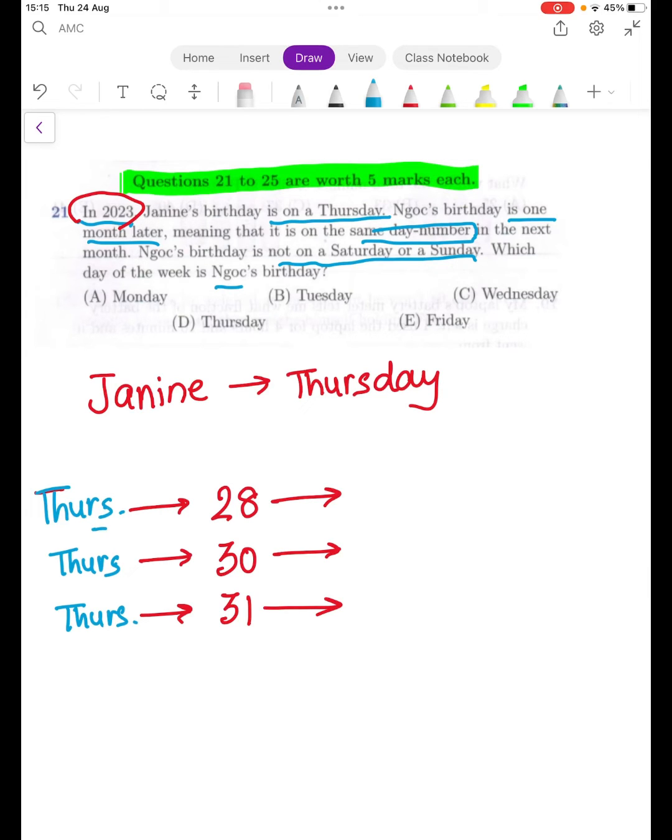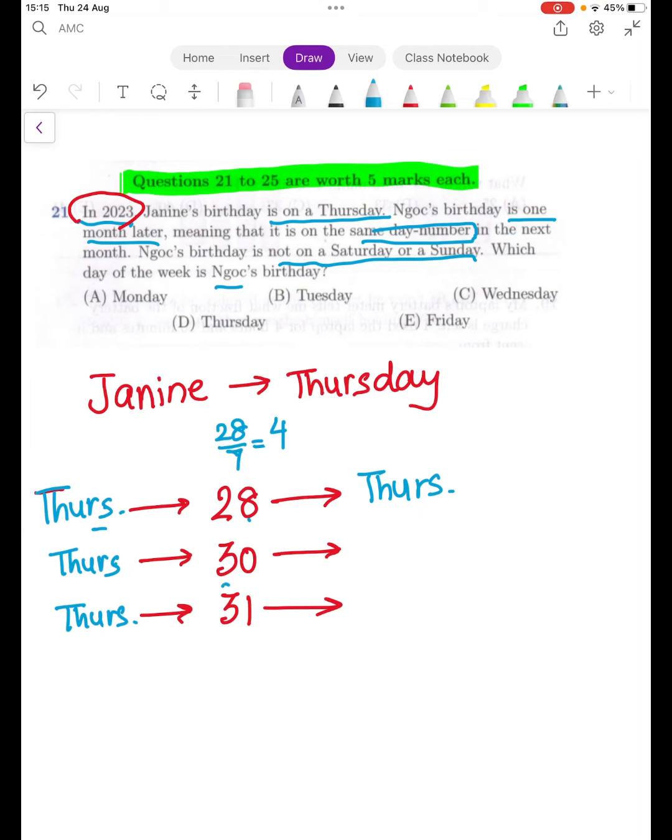If it was 28 days, 28 divided by 7 days of a week is exactly 4. That means if Janine's birthday was in February and Knox's birthday was in March, exactly 28 days later, Knox's birthday will fall on a Thursday too.